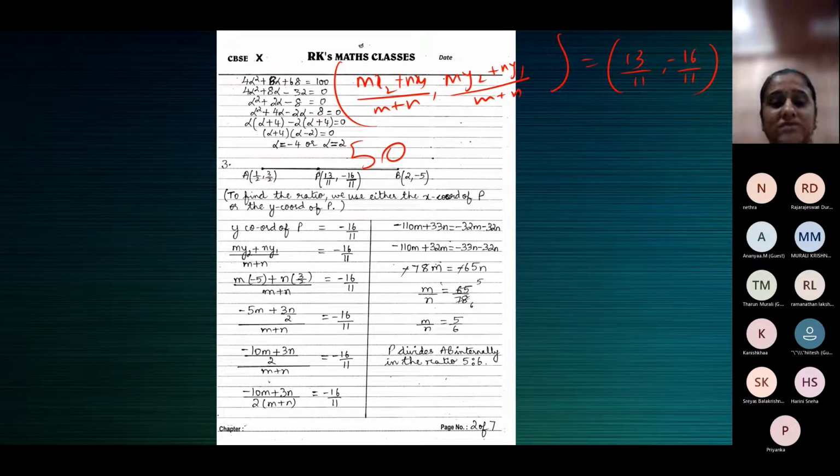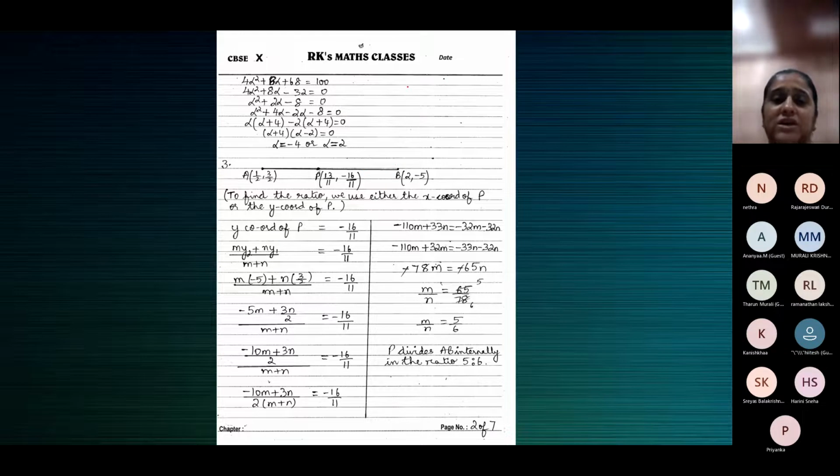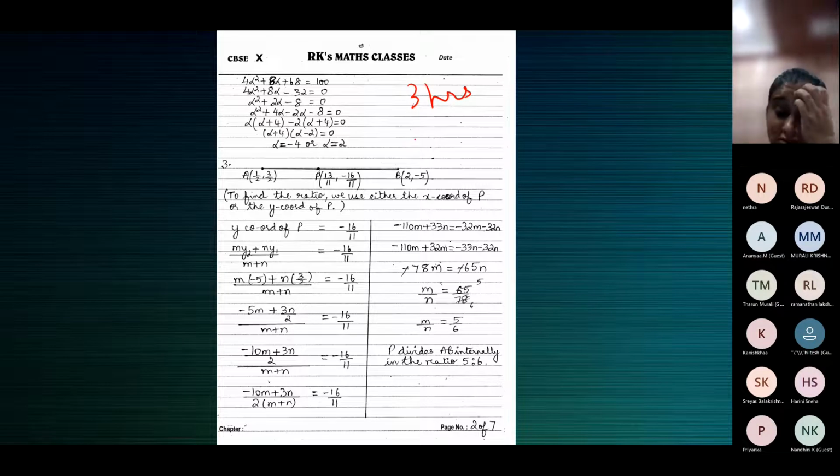But in the exam, say a 3 hour paper, right? 3 hours, and it's for how many marks? 80 marks. 3 hours is how many minutes? 180 minutes.